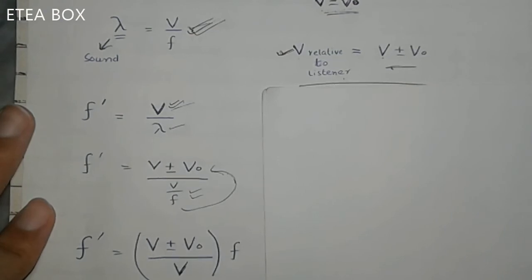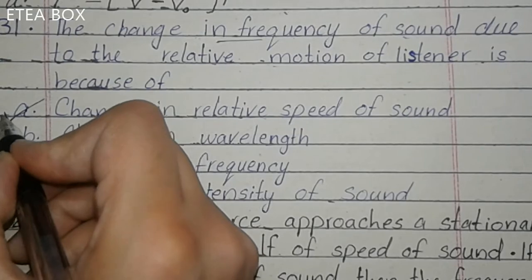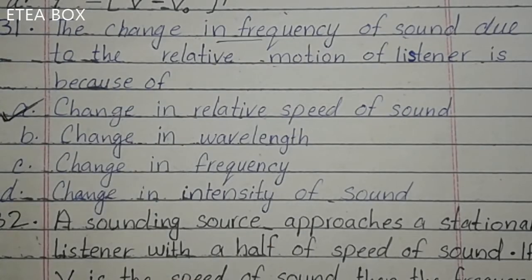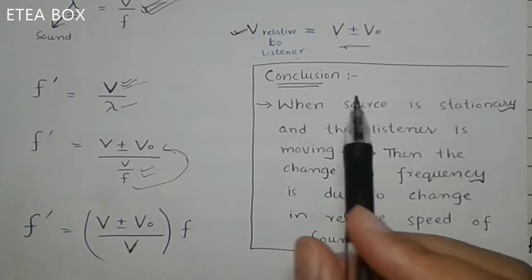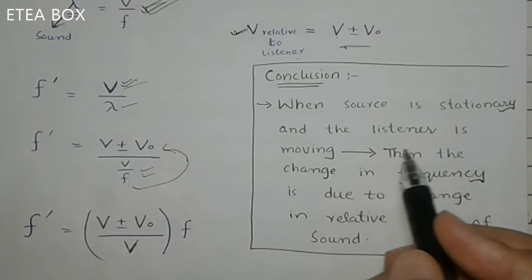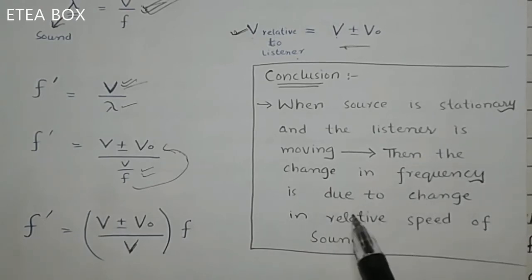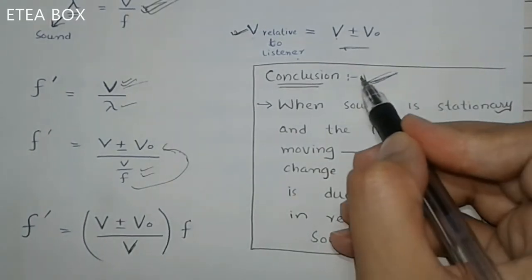Now look at the options: option A is correct, the change in relative speed of sound. In conclusion, when the source is stationary and the listener is moving, the change in frequency is due to the change in relative speed of sound. You should memorize this one.